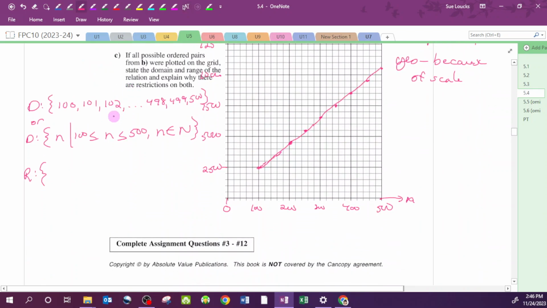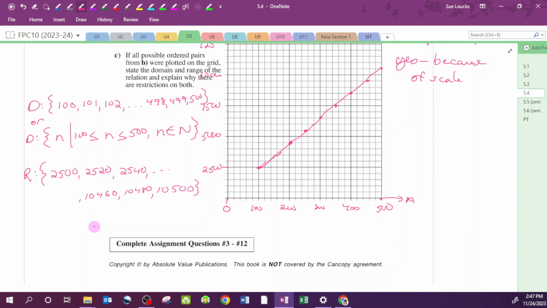So the range is 2,500, and then $2,520 if you have 101 people going. If you have 102 people going, it's 2,540 ... I'm not going to have enough space to do this, so I'm going to continue on the next line. My last number is going to be 10,500. Then I need to subtract 20 from that, so I get 10,480, and then subtract 20 again, so it's 10,460. So I've got the first 3 and the last 3, and you can see that the pattern is going up by 20 each time.